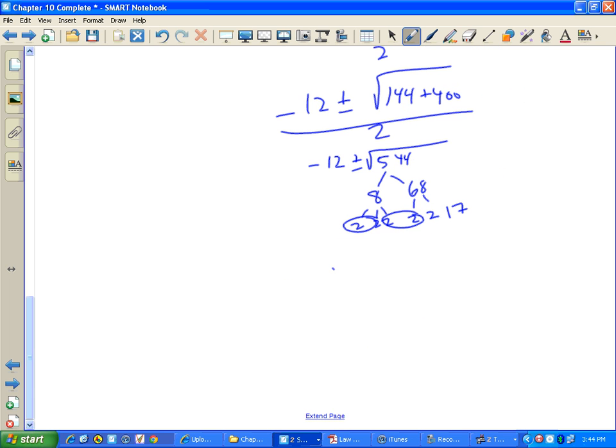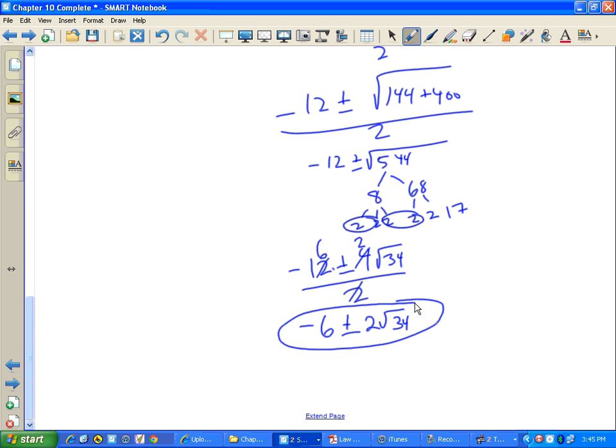So I have 2 pairs of 2's. So that's 4 square root of 2 times 17, which is 34. So I've got negative 12 plus or minus this over 2. If I can reduce all these, I can reduce all these by 2. So we got 6, 2, and nothing. So I've got negative 6 plus or minus 2 square root of 34. That's my answer.